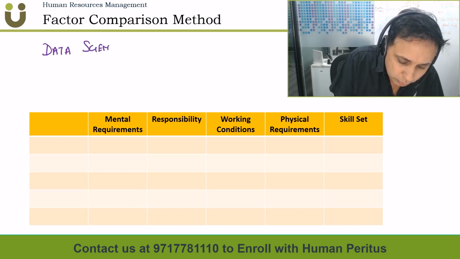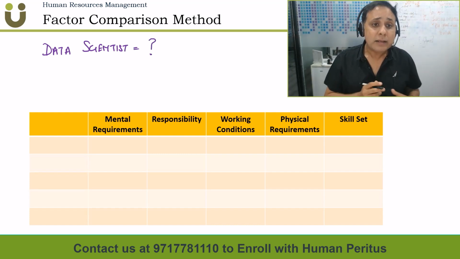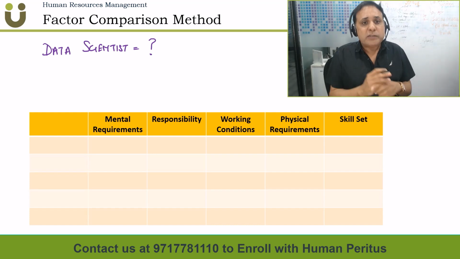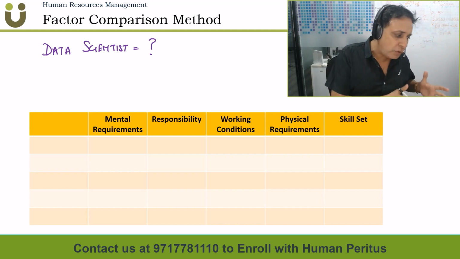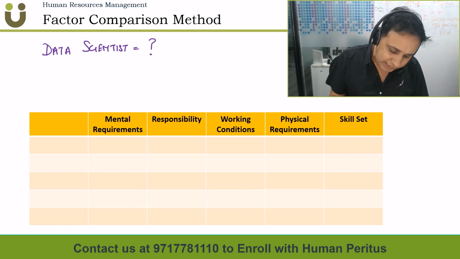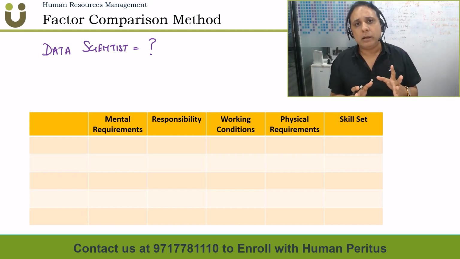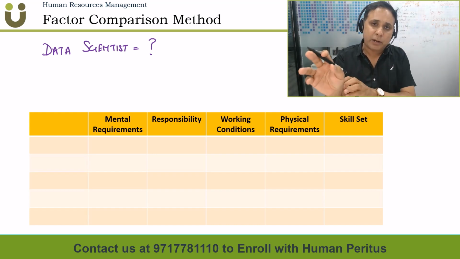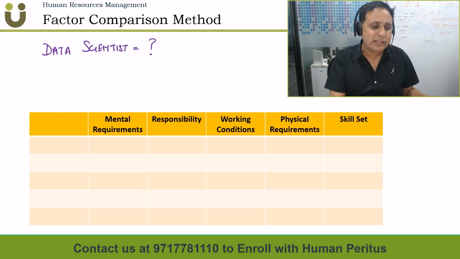Now I do not know how much money I should be paying for this new job of data scientist. So guys, what I'll do first, I'll start with some existing jobs for which I'm pretty sure that the salary of those jobs is okay in my current setup, current organization. So let us take a few standard jobs.